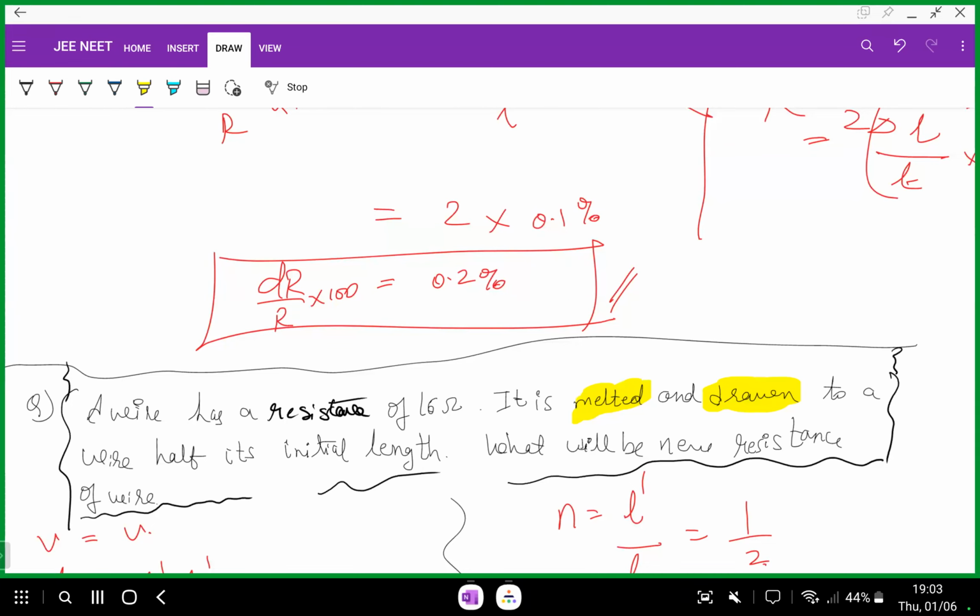So if it is melted and drawn, what will not change? Its volume. Volume will be constant.